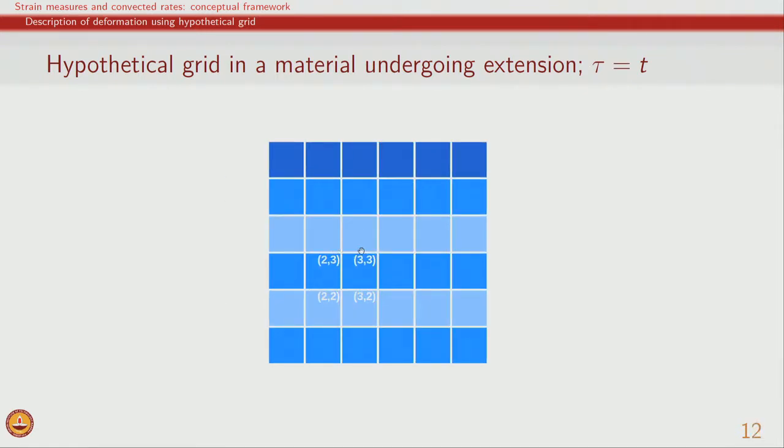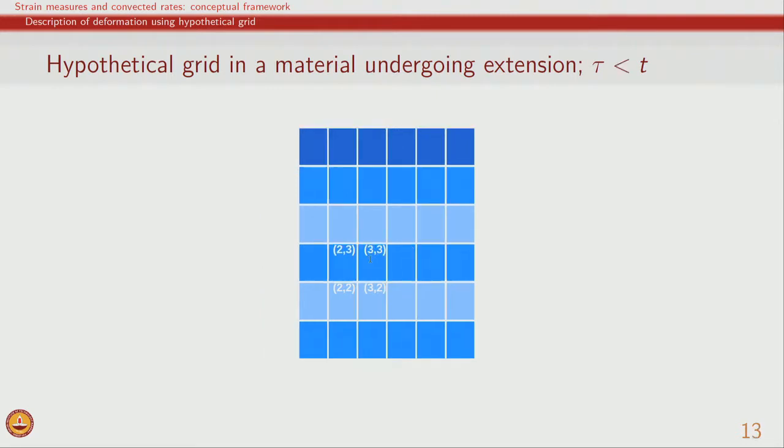So, again we can look at this square which was present, and since we have taken these 4 points which are each changing coordinate by 1, this is a square of unit 1 size. As soon as we go to a next configuration, we see that now the x2 distance between them has increased because this is sometime in the past and the material is getting extended.